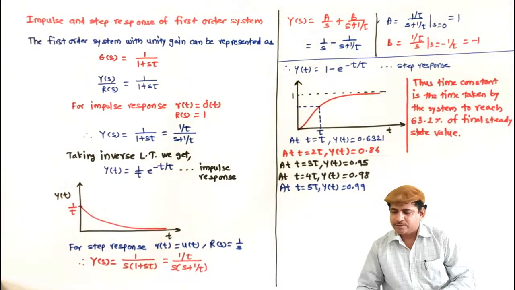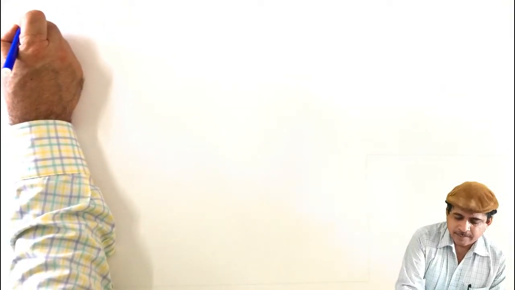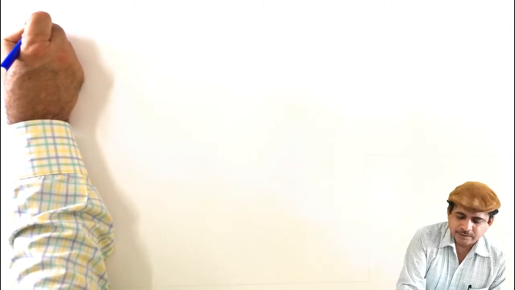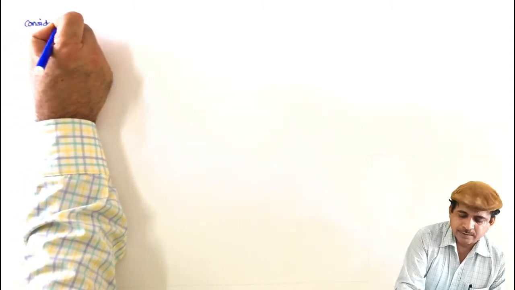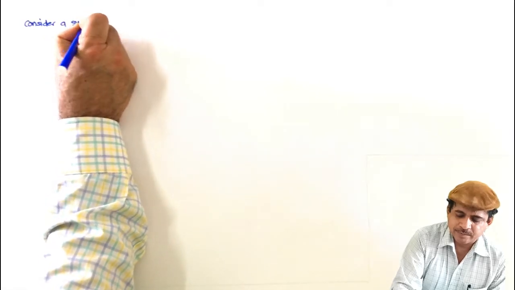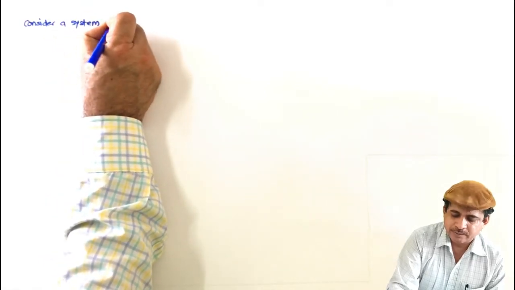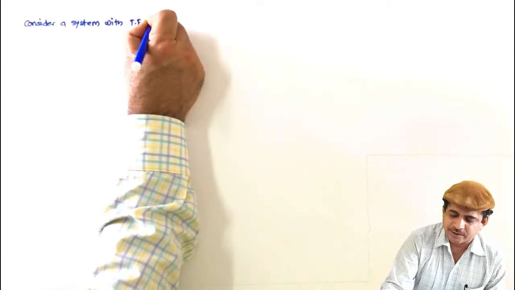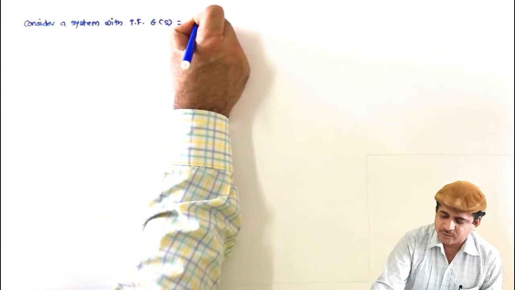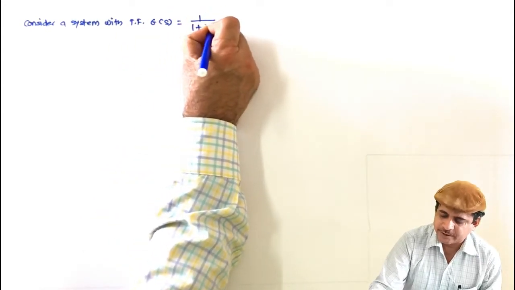So let us solve some simple examples. Consider a system with transfer function g of s is equal to 1 upon 1 plus 10s.